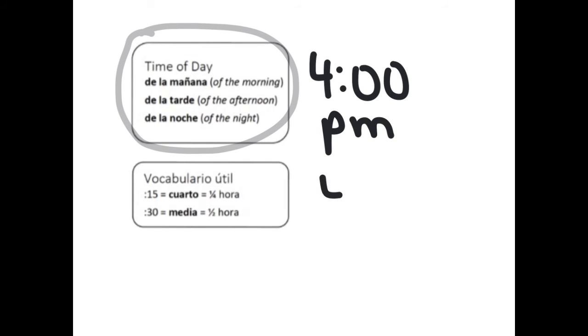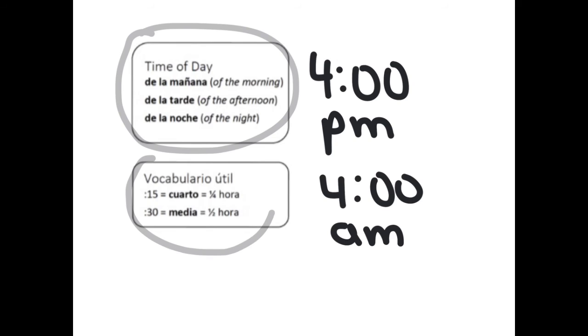But if you're trying to say 4 a.m., it would be son las 4 de la mañana. And then I also included an image of important vocabulary, which is to say if it's something 15, it's y cuarto, and if it's something 30, you use y media.